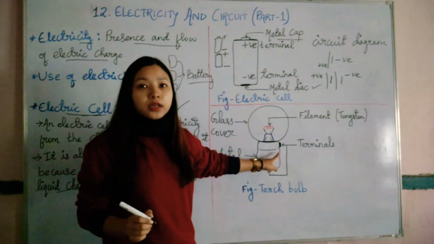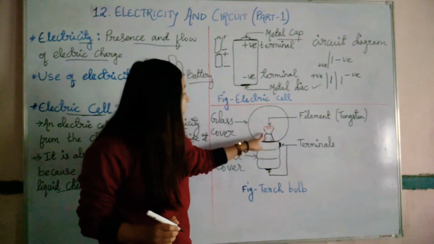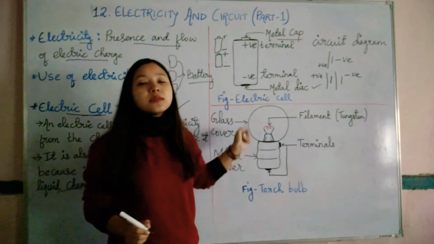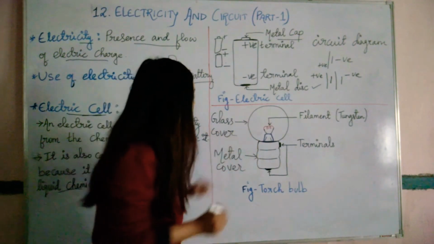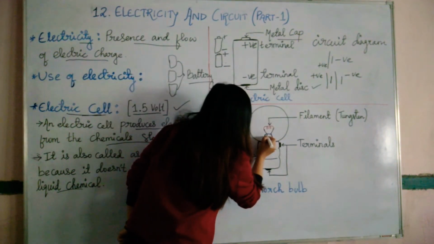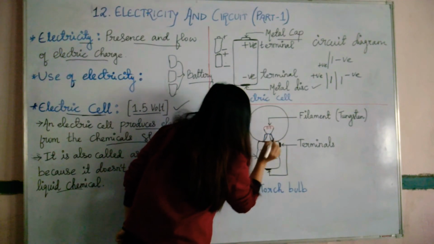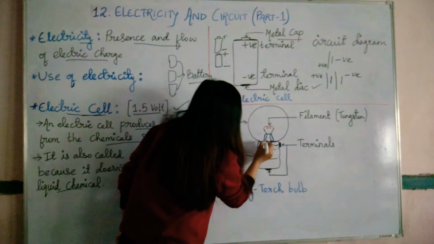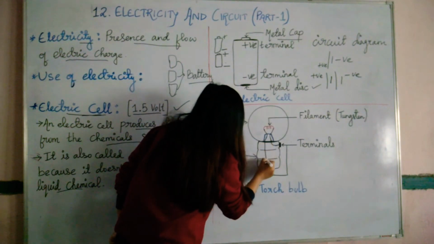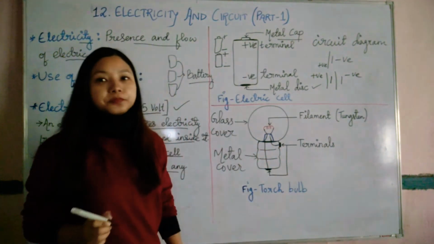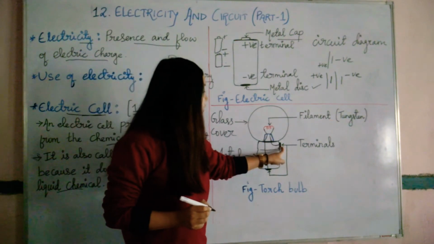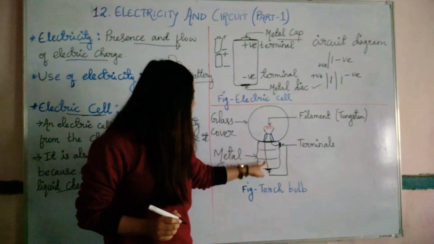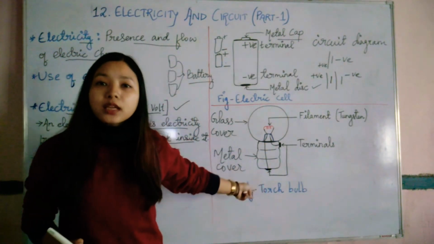This glass cover contains the main part of the bulb which glows and gives us light. Here you will see two wires coming out of it. One wire goes to the terminal at the side, and another is connected through this wire to the terminal at the bottom. This is the second terminal.